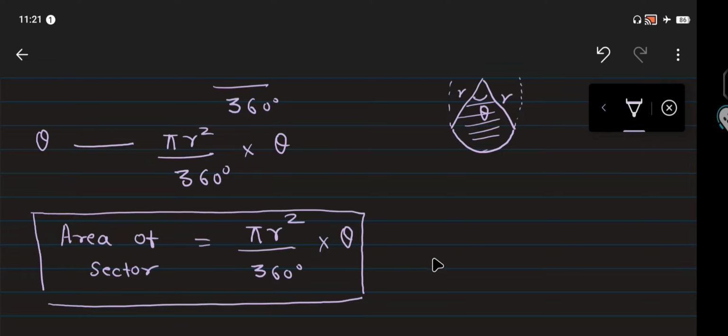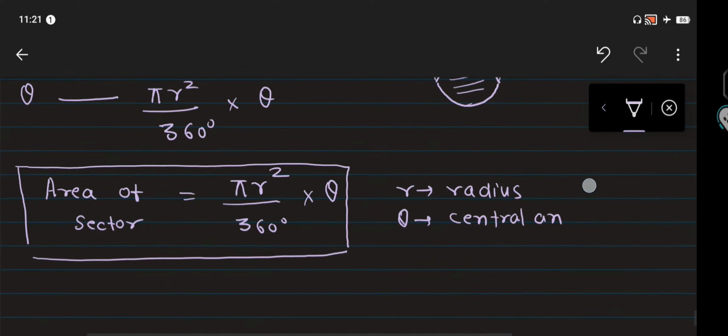Here r is the radius and theta is the central angle, and note that this central angle theta will be in degrees.